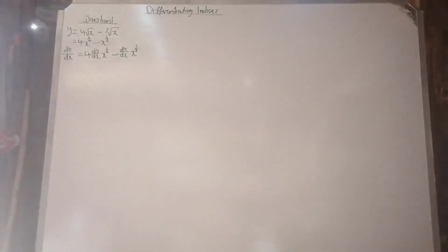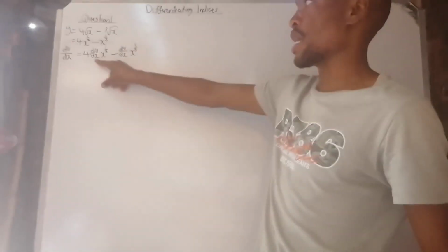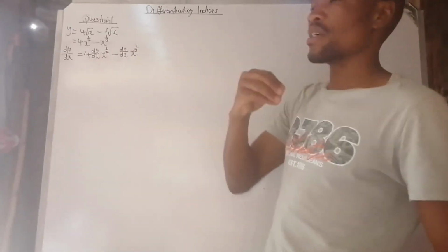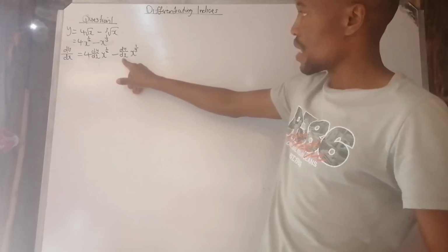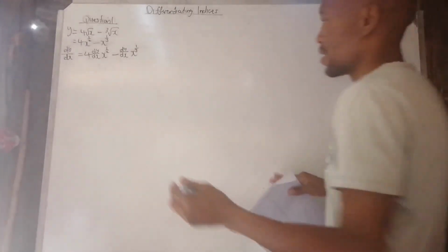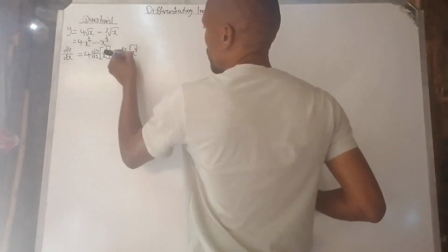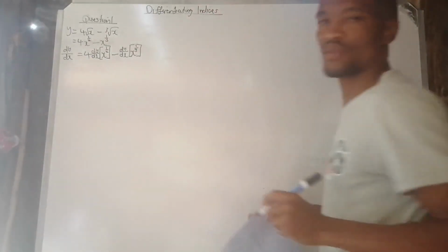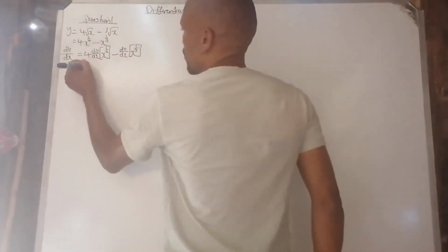So where I see x, I write dy over dx. This is to say that I'm going to differentiate this. This is to say that I'm going to differentiate that one. Very important. You can even do it in this way if you don't want to be confused. Very, very important. And then I have my 4.